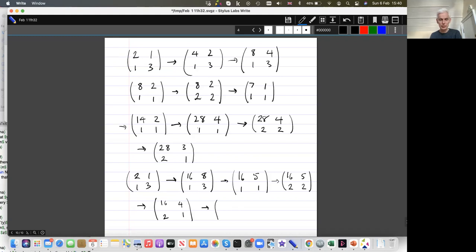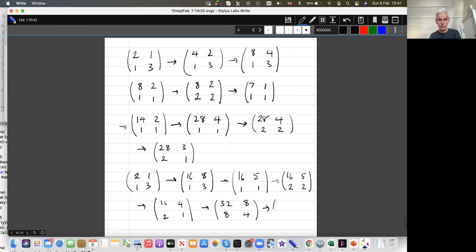And now, well, give myself a bit of elbow room, go up to 32, 8. And I'm also going to increase this up to, I'll go to 8, 4. So that ratio is now 4.